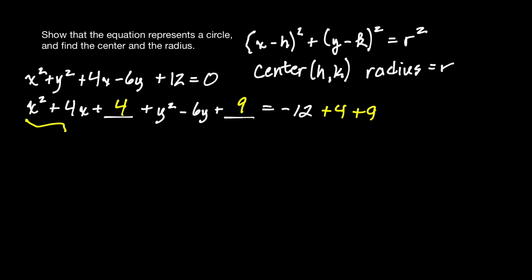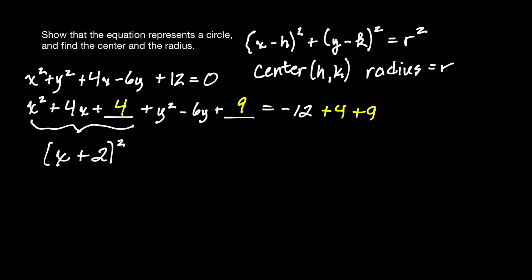So this piece right here, let me switch back to my white. This piece becomes x plus, the number that goes here is the number that was half of 4. So half of 4, that was 2, so that goes here. So now I have x plus 2 squared, and this 4 completed this square.